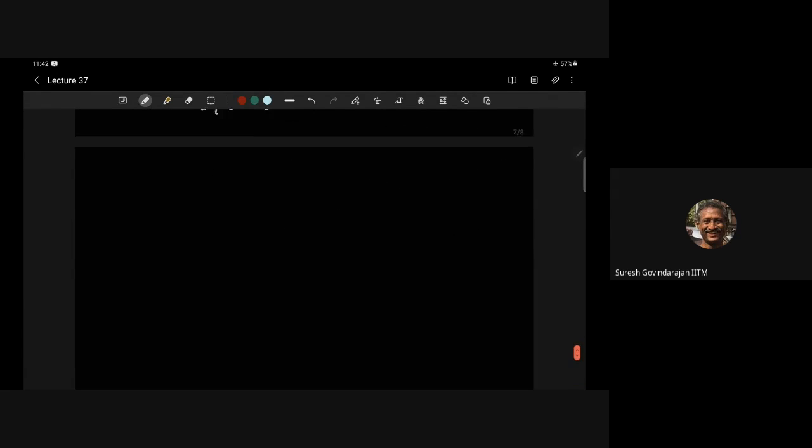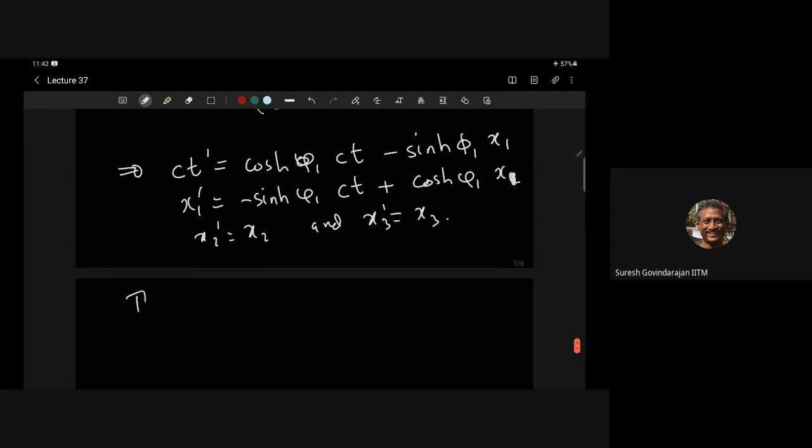We'll give this a name. We'll call this a Lorentz boost in the x direction.